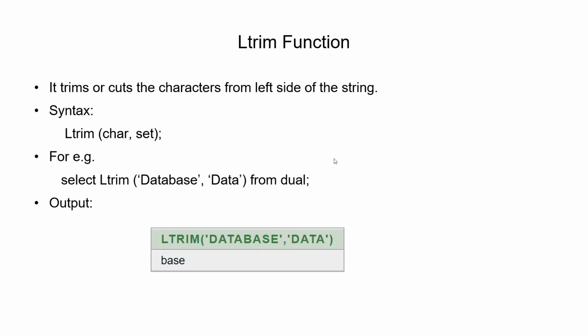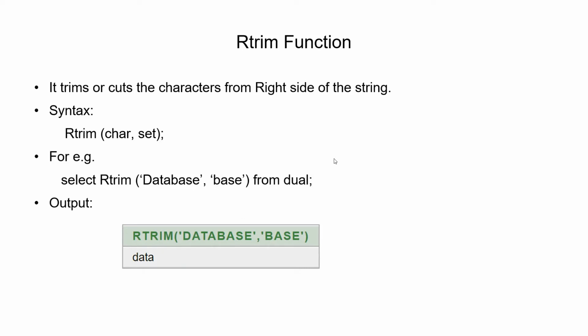So for example, select LTrim('database','data'). Means database is your input string and data is the set which you want to trim. So in the output, the data is trimmed from the left side and whatever is remaining will be displayed as an output. So the output is base.